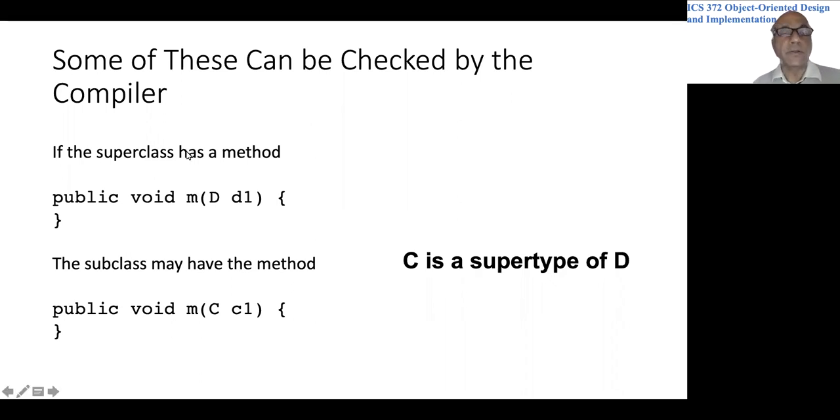Okay, now when you look at a superclass method, public void m(D), then the subclass can have a method that looks like this, except for the parameter.